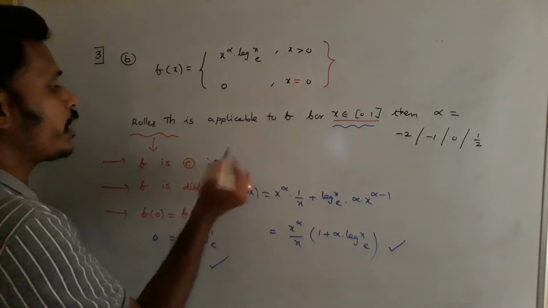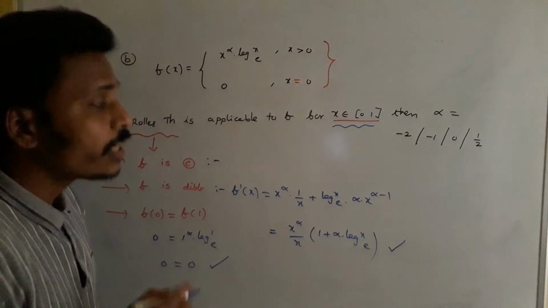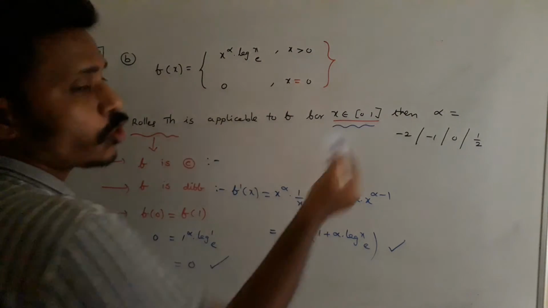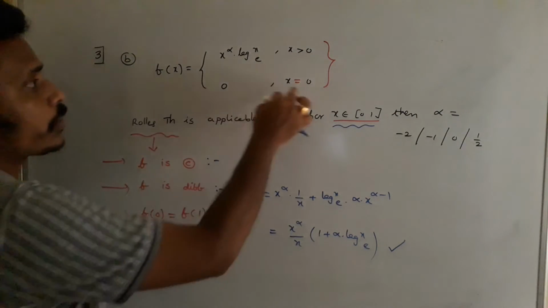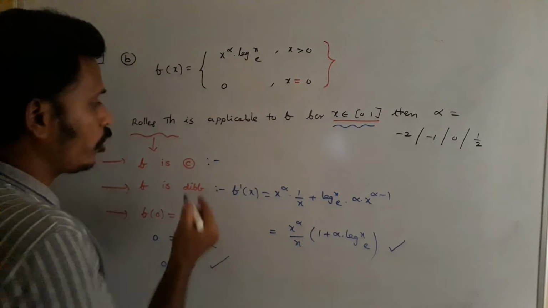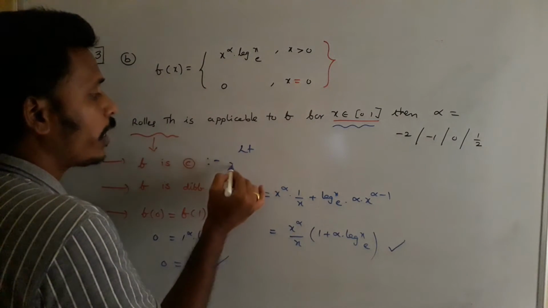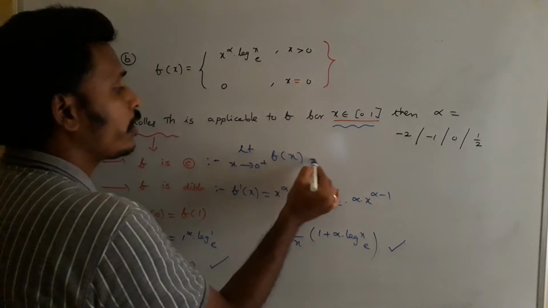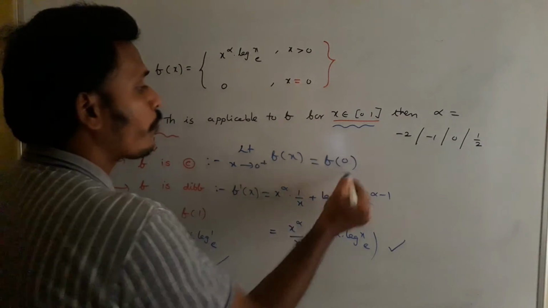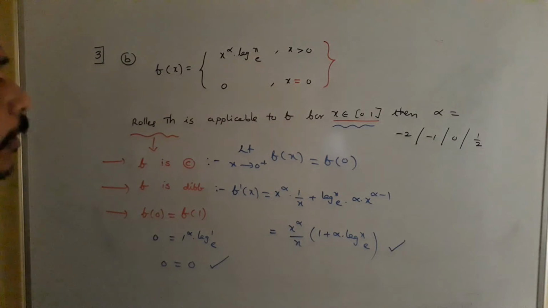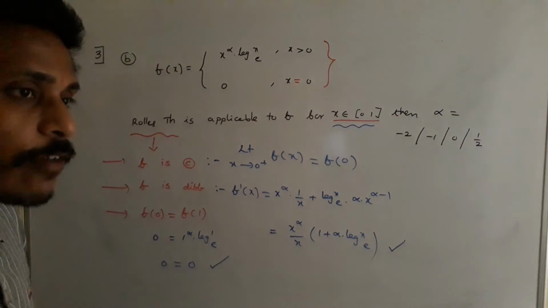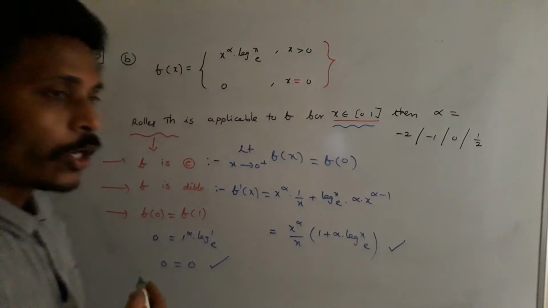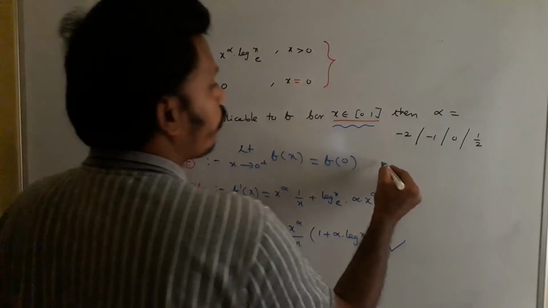Then the first condition, f is continuous. Since f is continuous, at x belongs to [0, 1] and the function is different at 0 and at x greater than 0, we know that limit x tends to 0 plus f of x is equal to f of 0 as per the definition of continuity. Now I will use this first statement to get the value of alpha.